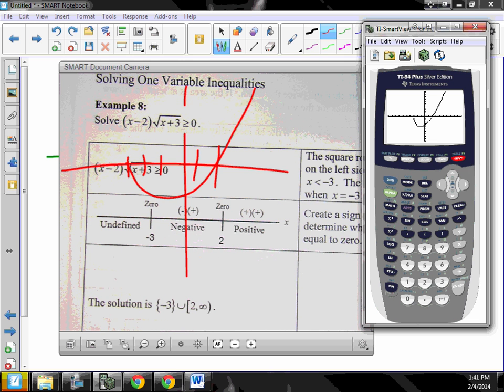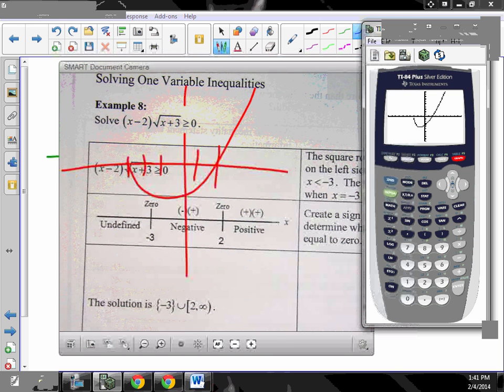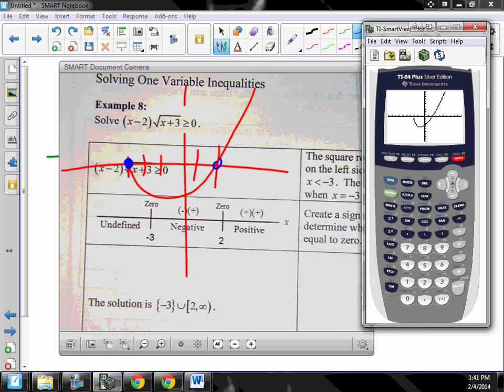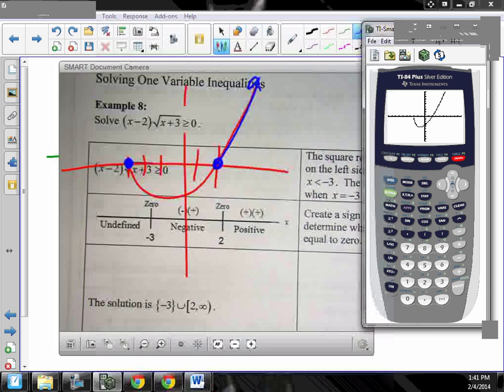So what is my solution graph going to look like? What part of that graph is bigger than or equal to the x-axis? Right, we have a closed circle right here, and then a closed circle at 2, and then this. So all you need to do is draw the graph.